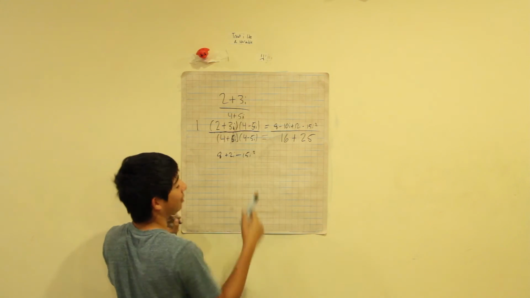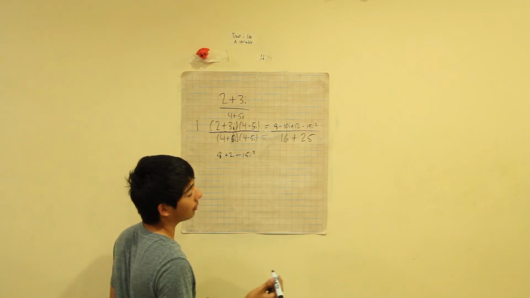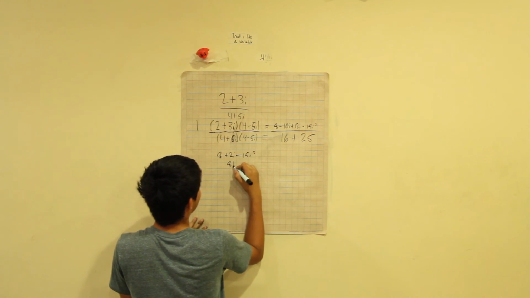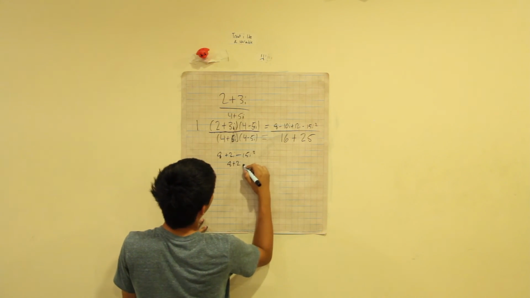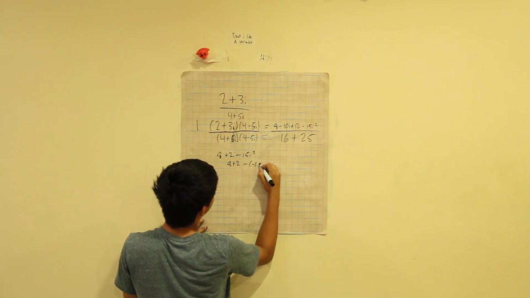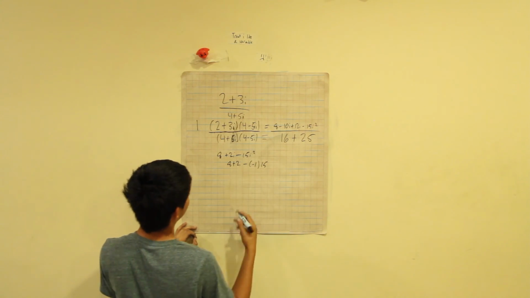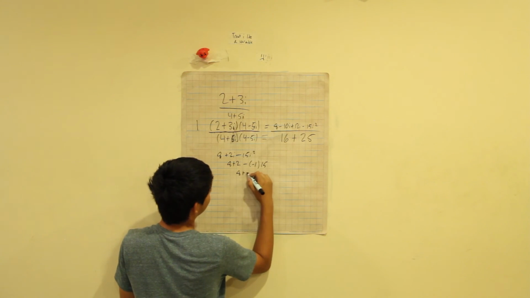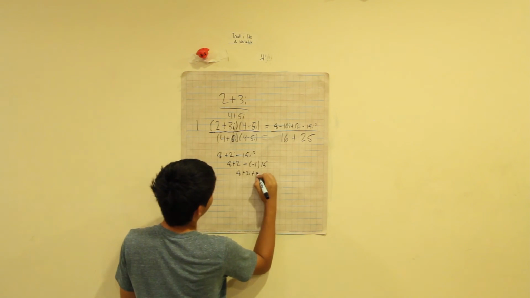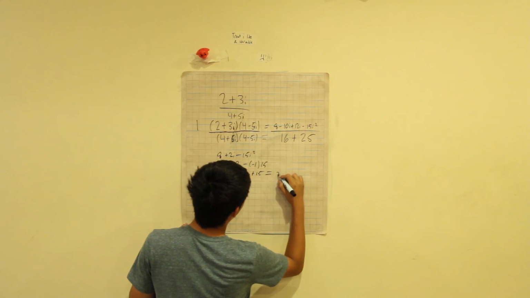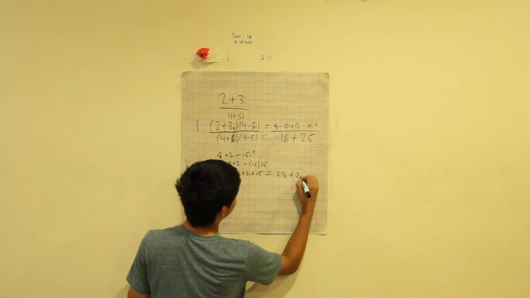And we know that i squared is equal to negative 1 from our cycles of i, which means that this is equal to 8 plus 2i minus negative 1 times 15. And when we do this, we get 8 plus 2i plus 15, which is equal to 23 plus 2i.